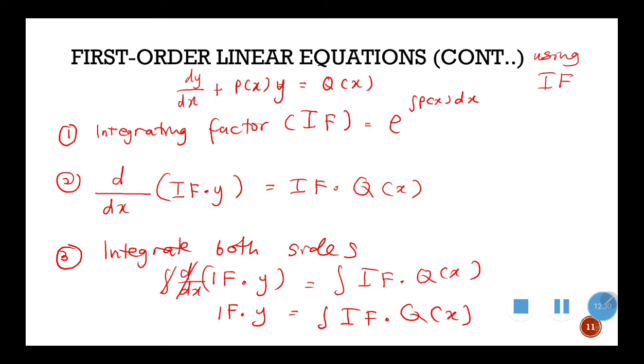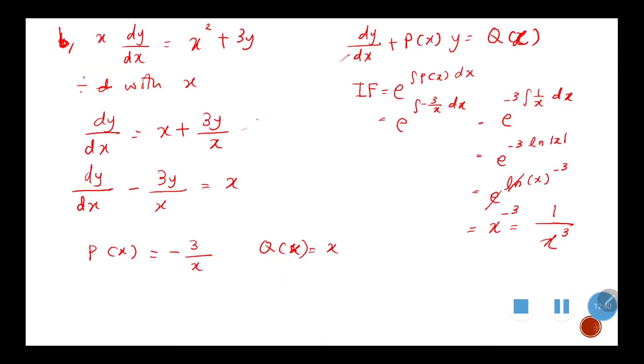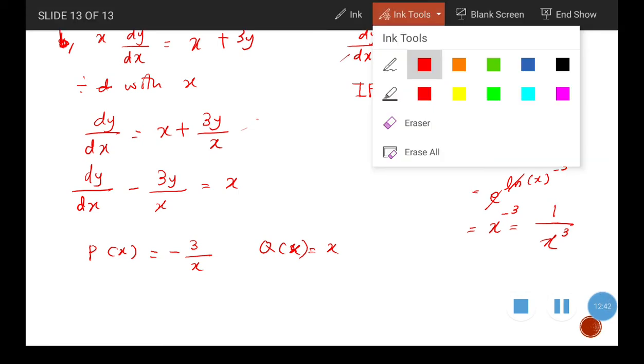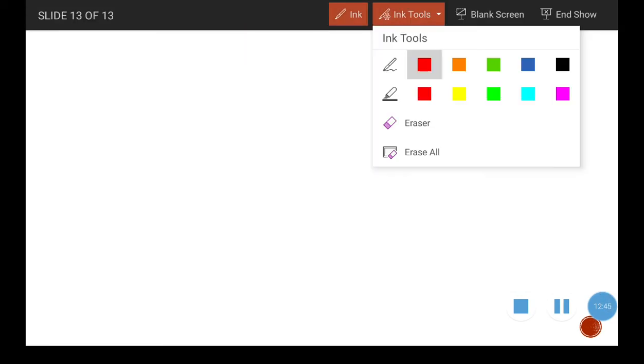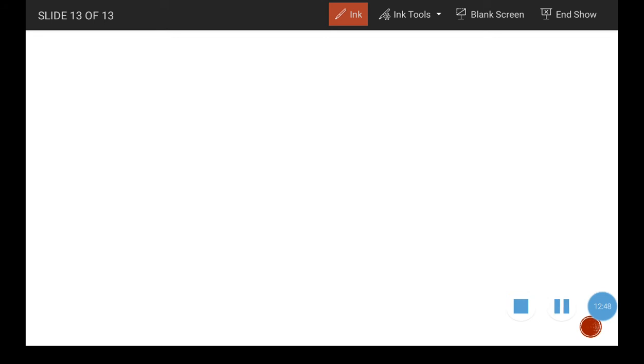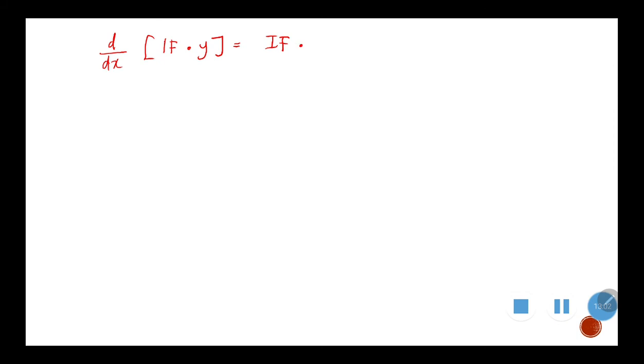Right, d/dx of IF times y equals IF times Q(x). Okay, I'm going to erase this and rewrite the steps again: d/dx of IF times y, and IF times Q(x).